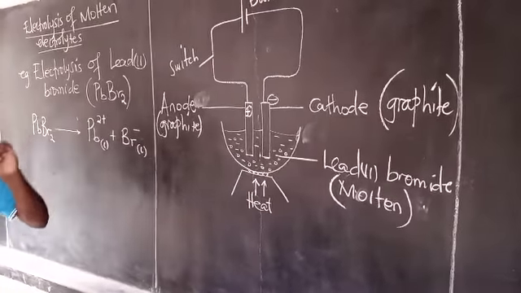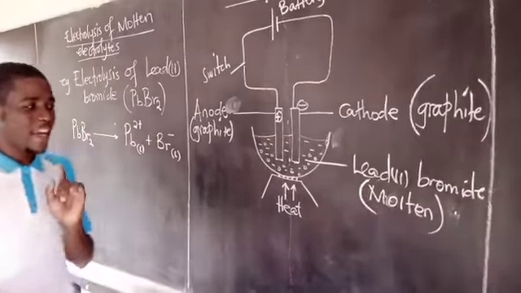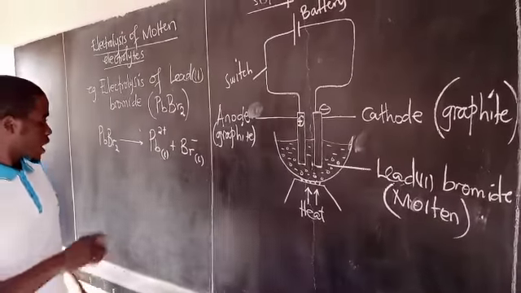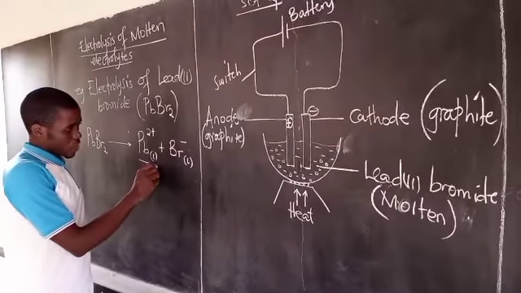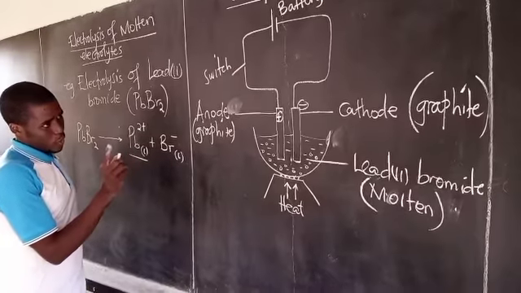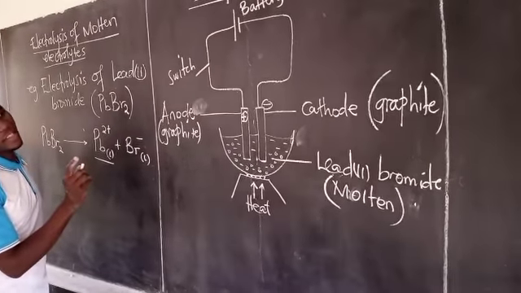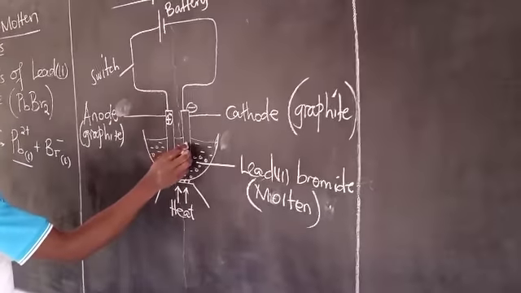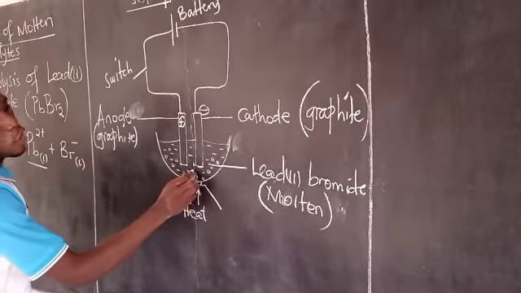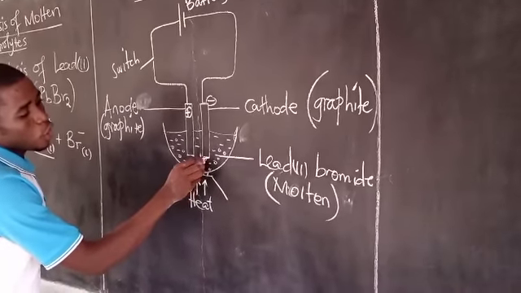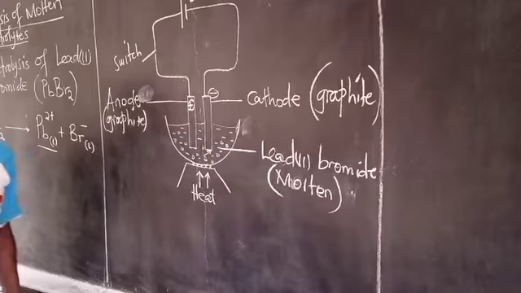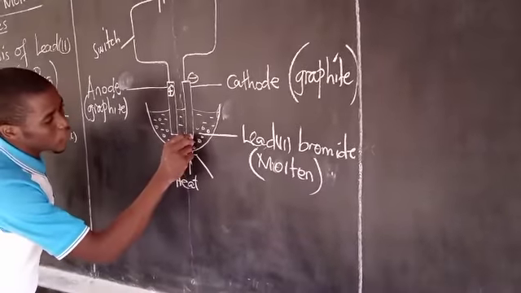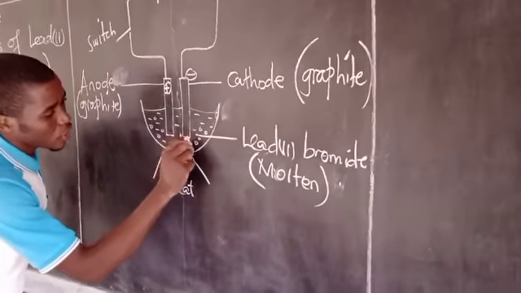From kinetic theory of electrolysis, the positively charged ions will move to the cathode, the negatively charged electrode. Therefore, they will go in that direction. You shall have lead two ions going there.